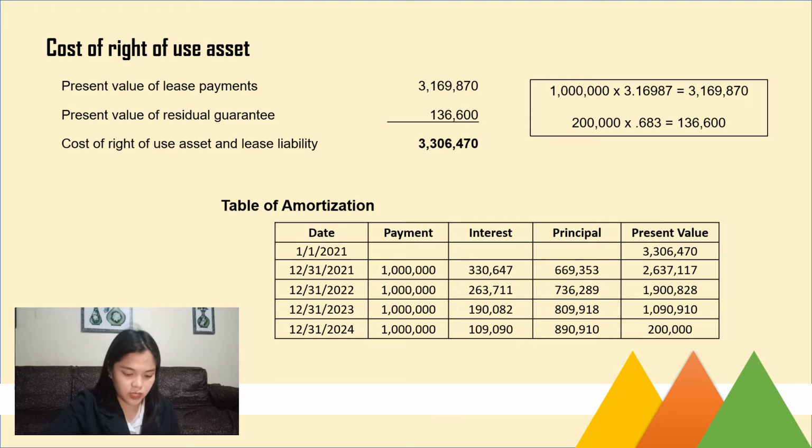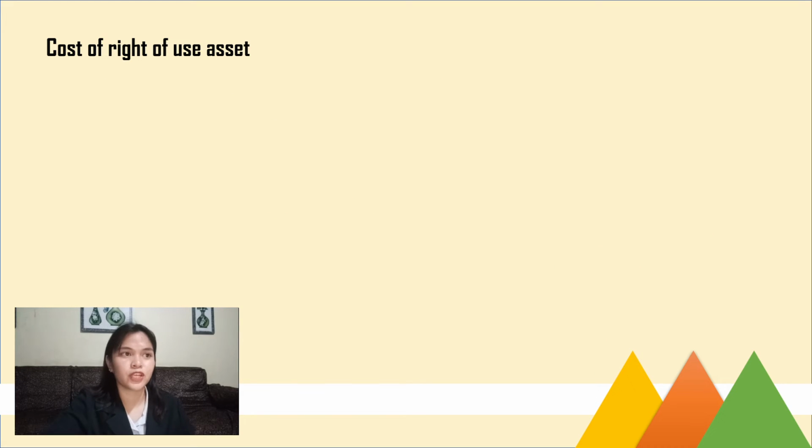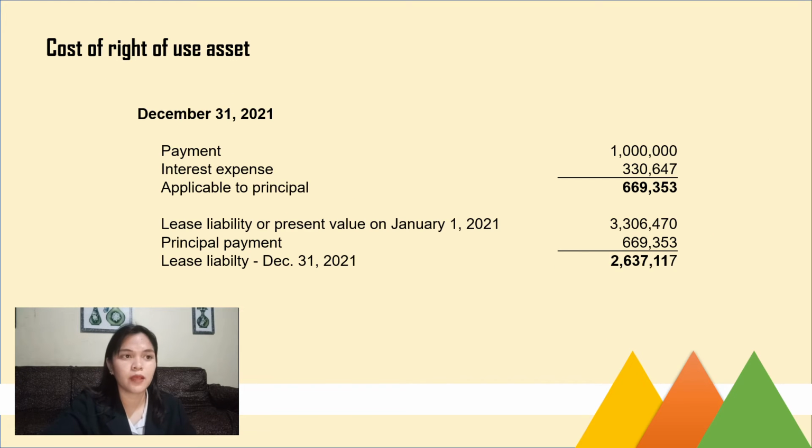Here we have the table of amortization, like the one earlier. Here is the computation to get the principal and lease liability for December 31, 2021. To get the amount applicable to principal, the payment is less the interest expense. So 1 million less 330,647 is equal to 669,353.